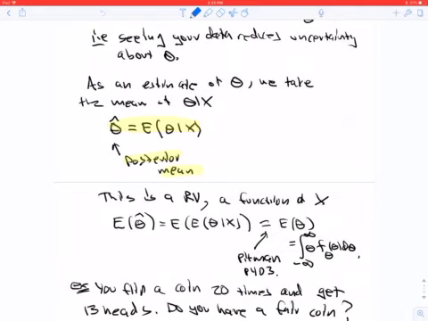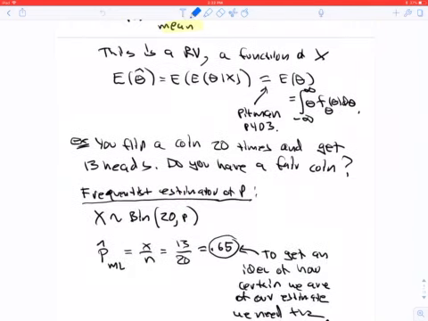So that brings us to our posterior mean, which is going to be our Bayesian estimator, which is simply the expectation of the posterior distribution. So the expectation is the center of the posterior distribution. The expectation of the posterior mean is just the expectation of the parameter itself, and that's by property of iterated expectations.